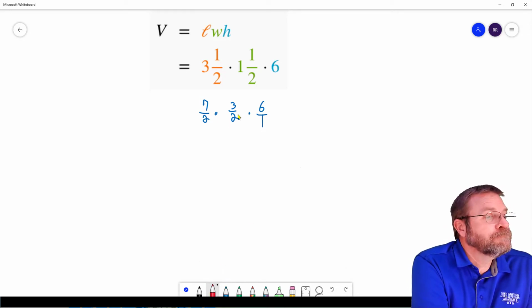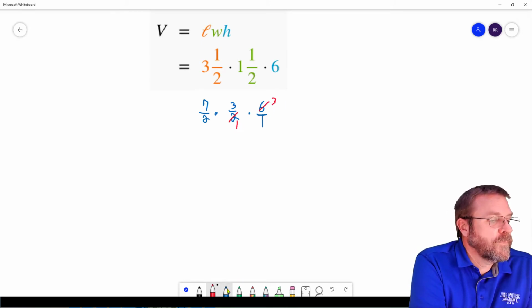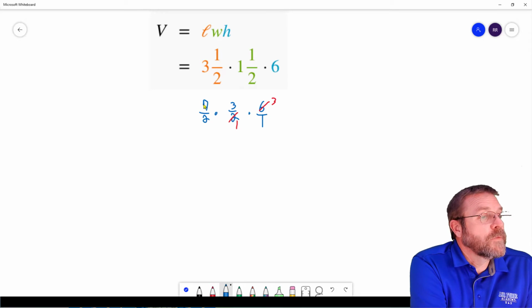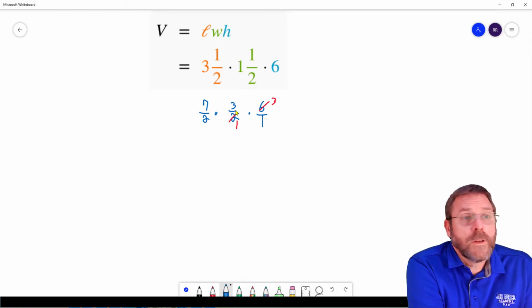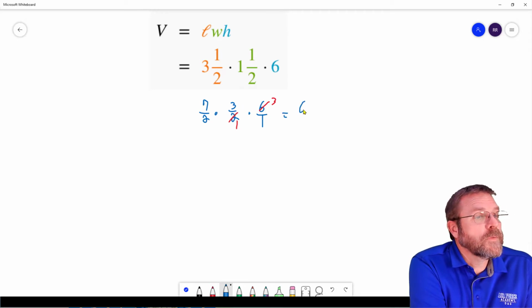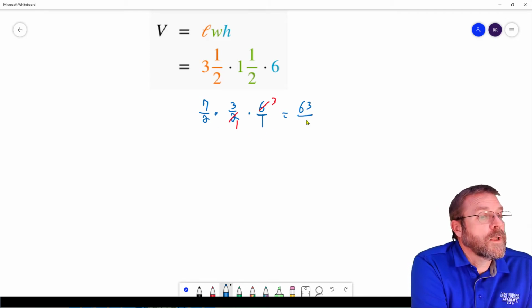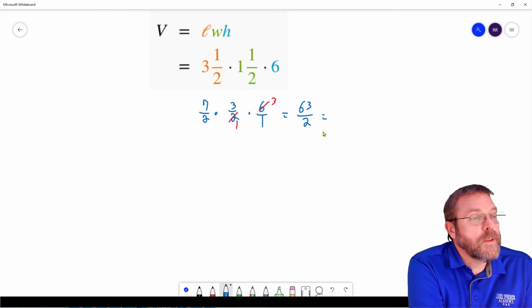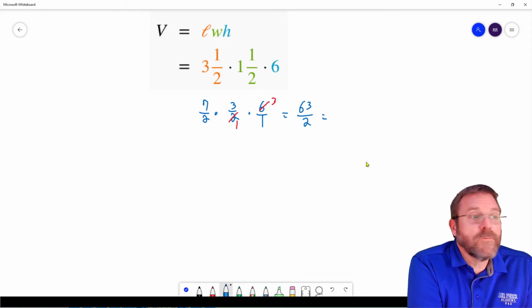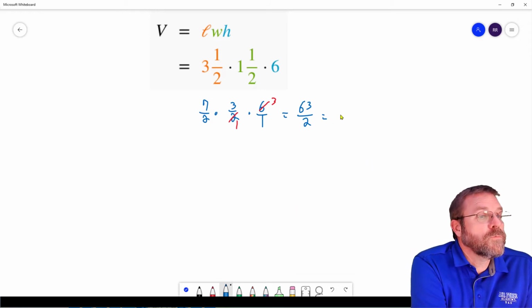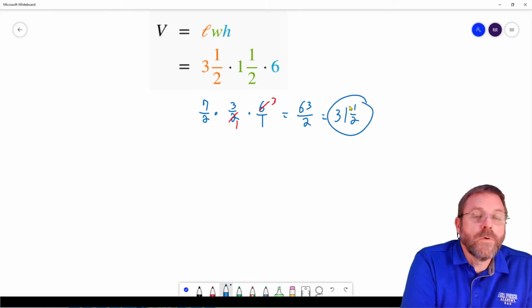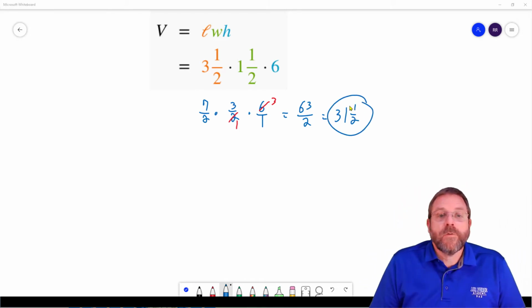I'm going to say, 2 goes into 2 once, 2 goes into 6 3 times, and I'm going to multiply. 7 times 3 is 21. 21 times 3, that's going to become 63. 2 times 1 is 2, times 1 is 2 again. Finally, we're going to do some dividing here. 2 goes into 63, 31 1/2 times, which is what we're going to put in for our final answer.